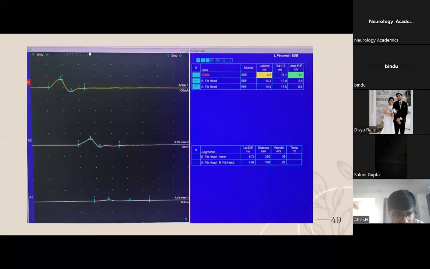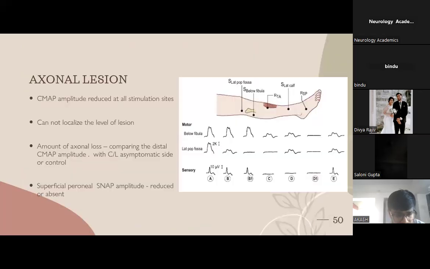So this is a case in which we can see, above the level of the fibular neck, that is at the lateral popliteal fossa, there is a reduction in CMAP amplitude. So this is a demyelinating lesion, probably due to focal compression at the level of the fibular neck. In an axonal lesion, we can't localize the lesion.